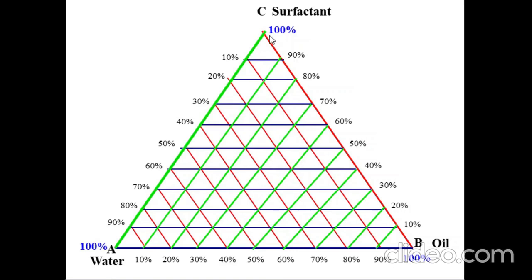That means if it is soluble either in water or in oil, then the solubility of both the components, that is water and oil, will reduce. But if the third component that is added is soluble in both the components at the same time, that means if C is soluble in water and if C is soluble in oil at the same time, then the solubility between these two components increases.